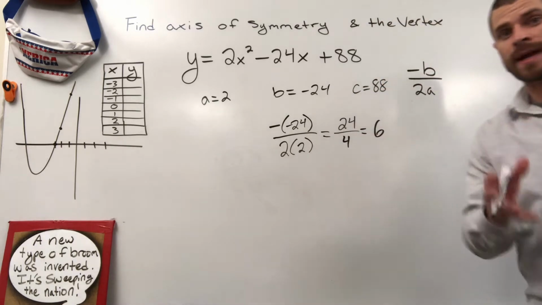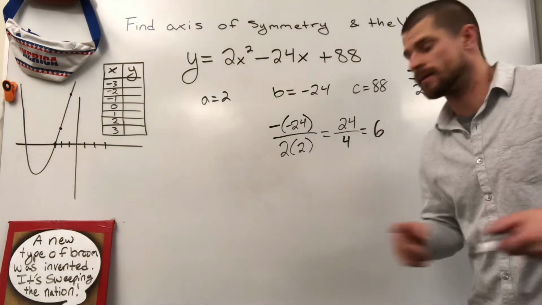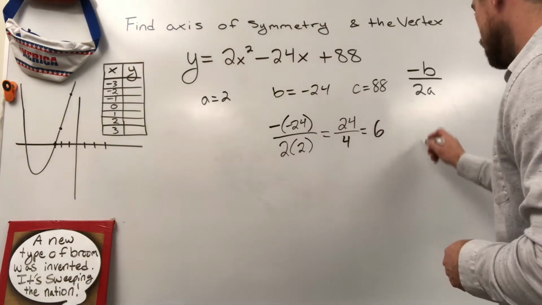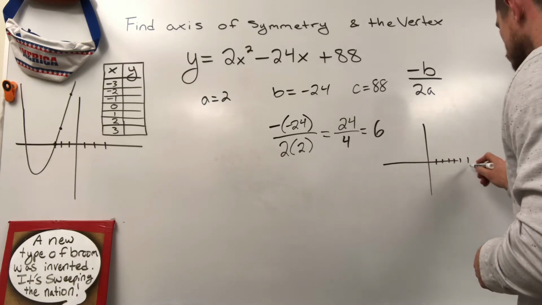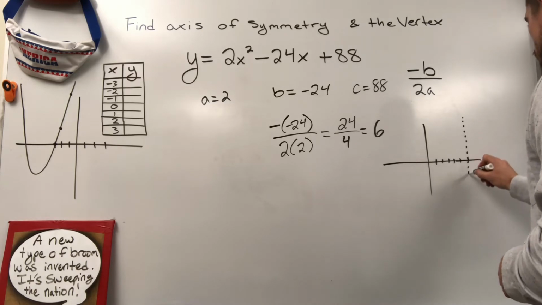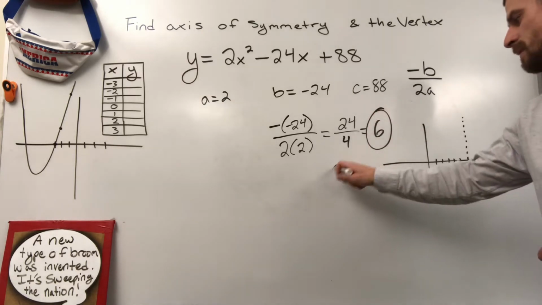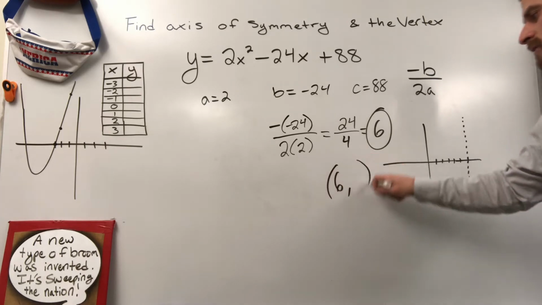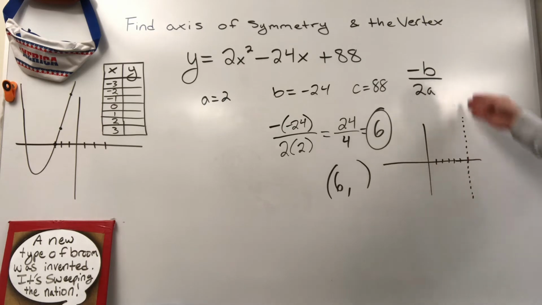So I can tell you right now, on a graph, on a coordinate grid, my axis of symmetry is going to be at 1, 2, 3, 4, 5, 6 over. So I can go right here and I can do a little line down to 6, because 6 will be my x value of my vertex. And remember, the vertex always falls on the axis of symmetry.